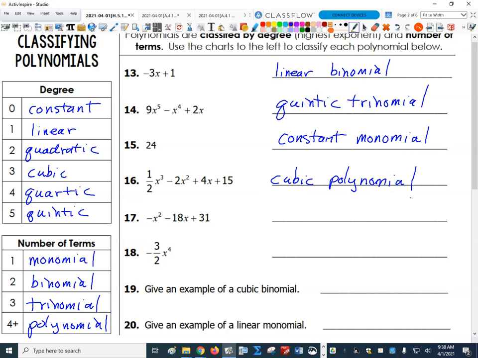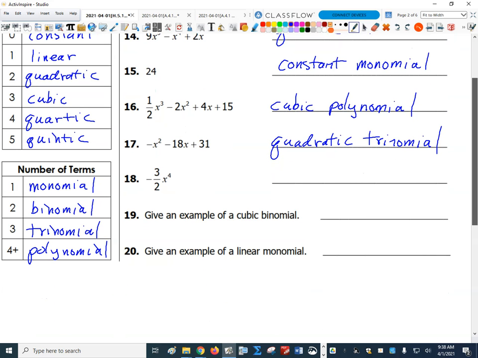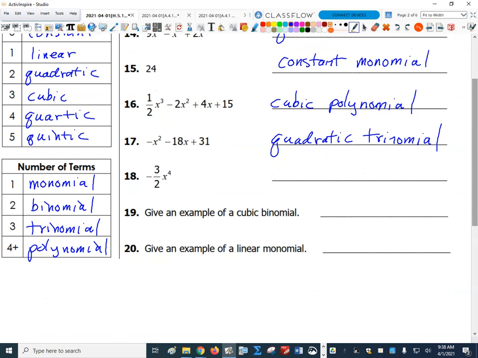Quadratic trinomial. Okay, good. And finally, 18. Quartic monomial. Good.